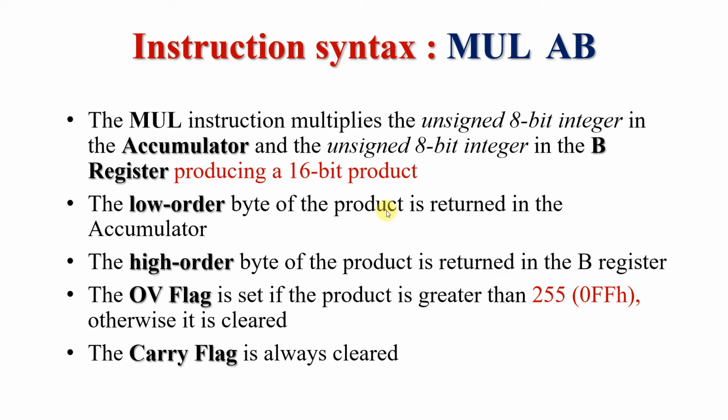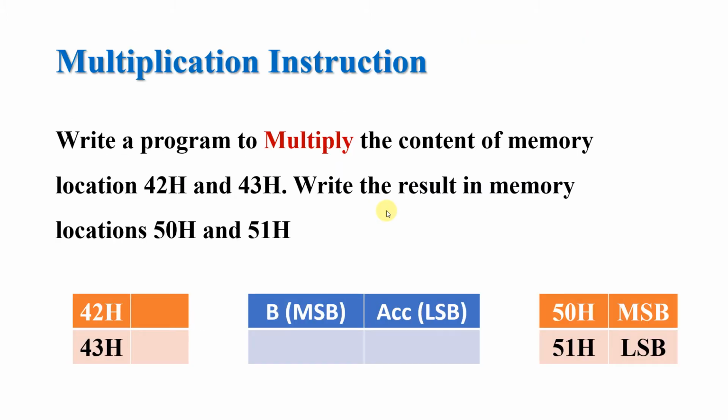So let us take an example and understand this multiplication instruction. So first of all, we have the problem statement. Write a program to multiply the content of memory location 42 and 43. Write the result in memory location 50 and 51. So we have two unsigned integers in memory locations 42 and 43.